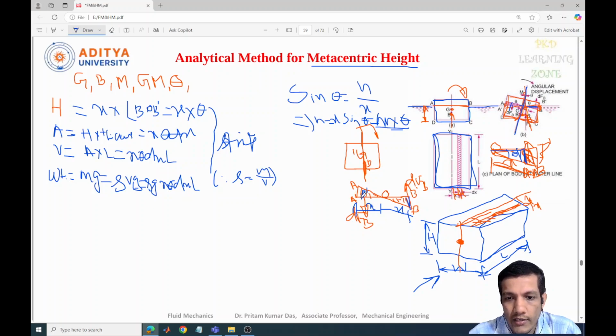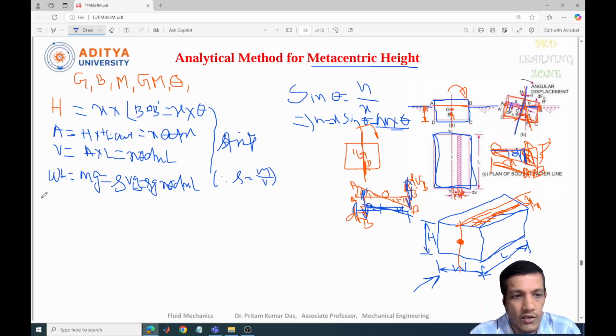So if you see the forces acting at these points, both are in opposite directions. So these two forces, acting in opposite directions, constitute a couple. One force is here, another force is there, and there is a distance between them.